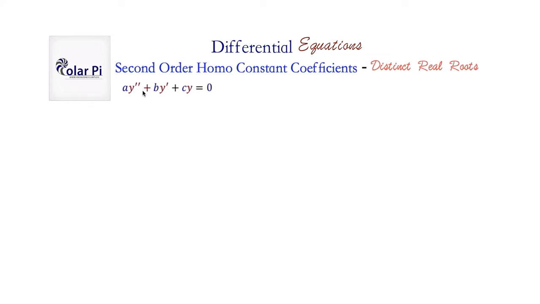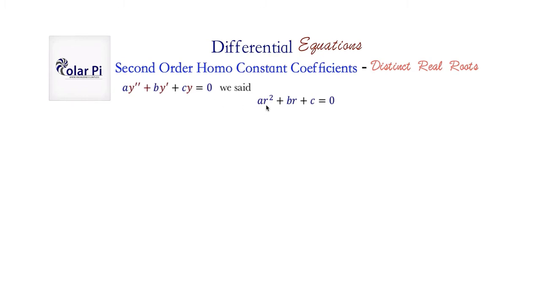What we said is that if we made a guess that the solution y be equal to e to the rt, then that solution will work so long as this here is true, which is that we have this quadratic equal to 0, where a, b, c here are the same as the differential equation, and the r here is, remember, in our guess, the solution y is equal to e to the rt.